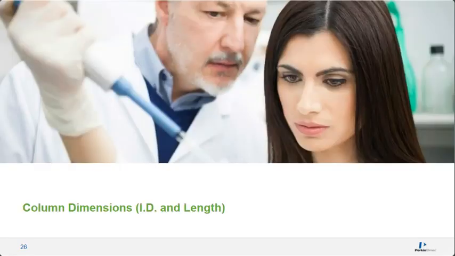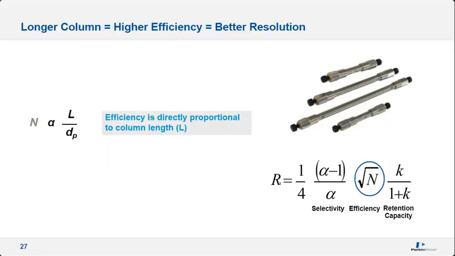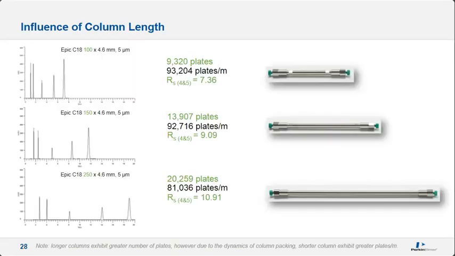Now let's look at the effect of column dimension, including column ID and length. Longer column equals higher efficiency and better resolution. Efficiency is directly proportional to column length. In this slide, we can look at the effect of column length.